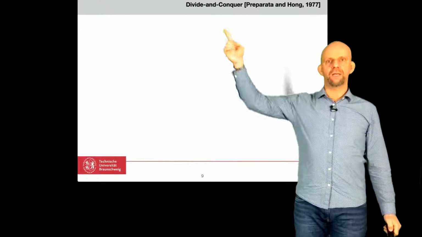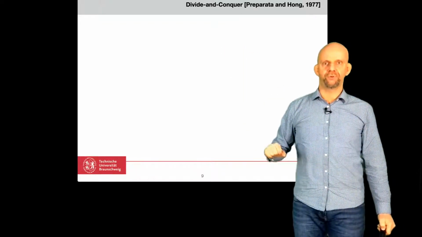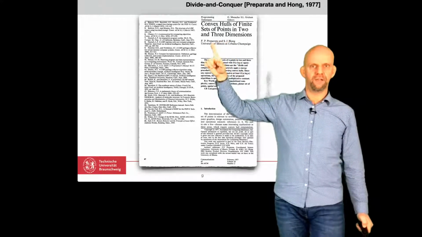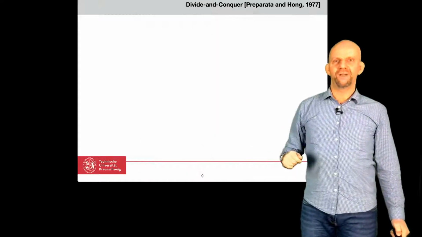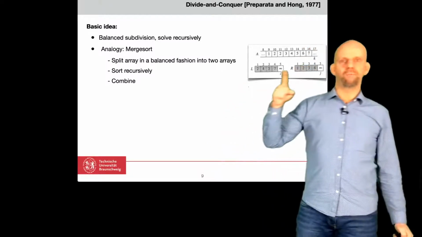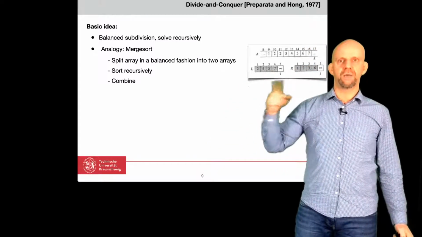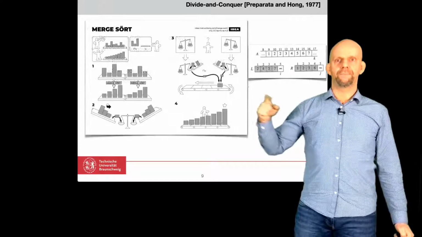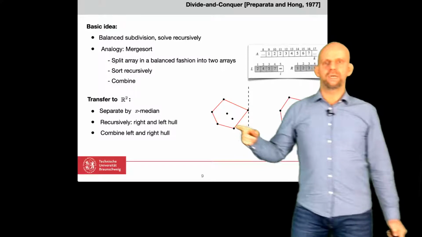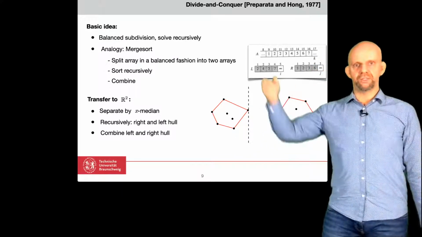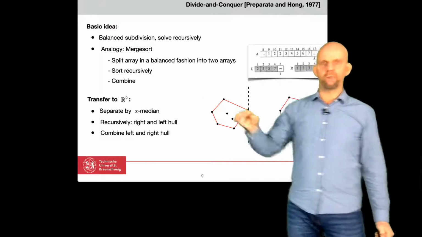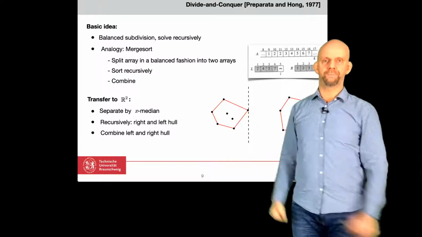We also had another example in the last chapter of divide and conquer. There was this Preparata and Hong beautifully typeset paper from 1977, which was also based on merge sort somehow. And merge sort, yeah, we know that. The idea was you split the set into two parts, you solve the problem here, you solve the problem here, and then you put these two things together.